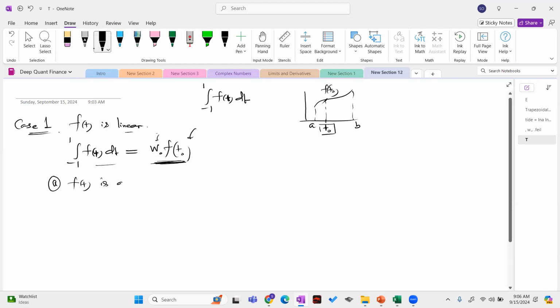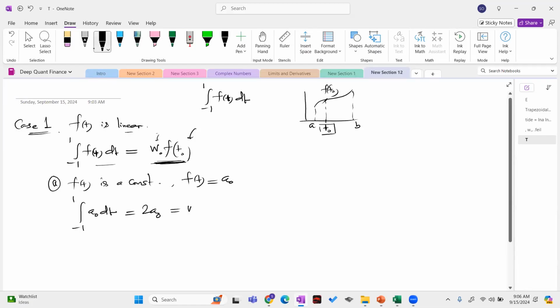So ft is a constant. If ft is a constant, then let's say ft equal to a0, some constant. So what does this integral become? A0 dt -1 to 1, which is 2a0, right?